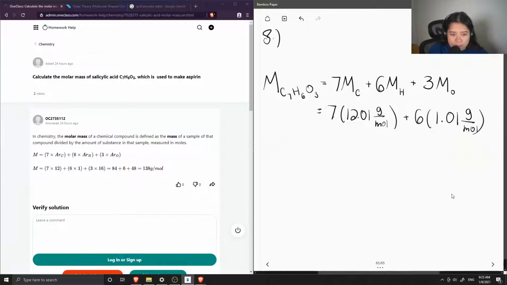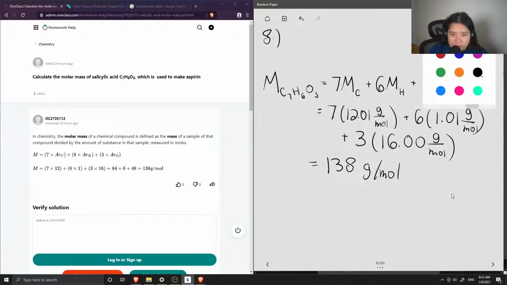And in the case of oxygen, it is 16 grams per mole. So now if we added up all these values, we get a total molar mass of 138 grams per mole for salicylic acid.